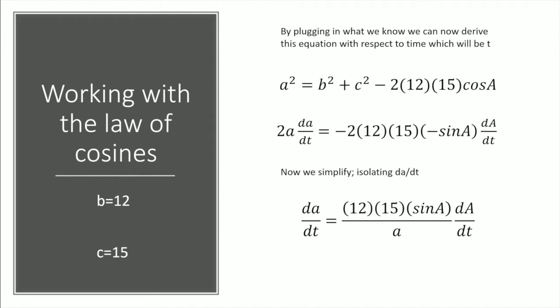We've got a squared equals b squared plus c squared minus 2 times 12 times 15 times cosine of A. Let's differentiate this equation with respect to time, and we should get 2a times da/dt equals negative 2 times 12 times 15 times negative sine of A times dA/dt. Now, we simplify by isolating da/dt, in which we should get da/dt equals 12 times 15 times sine A over a times dA/dt.